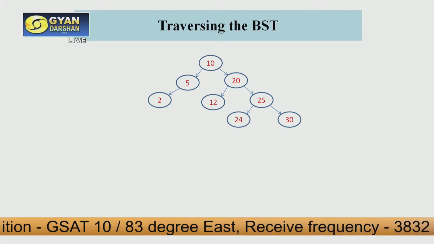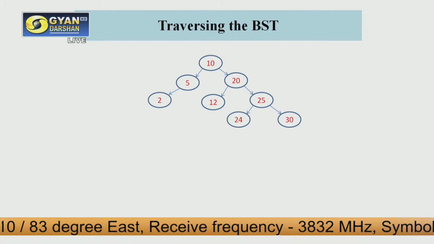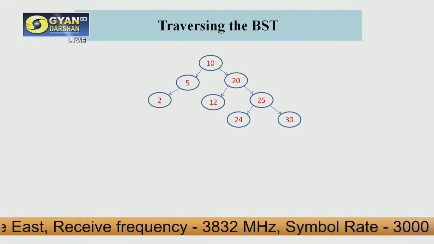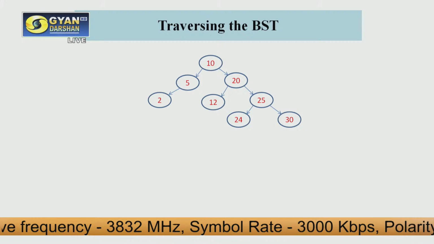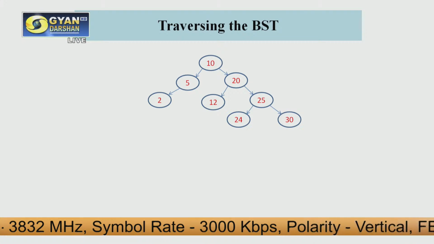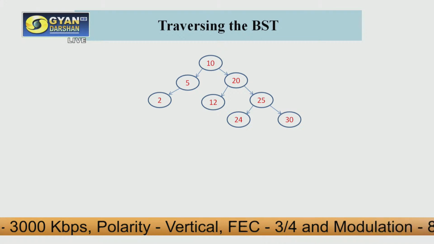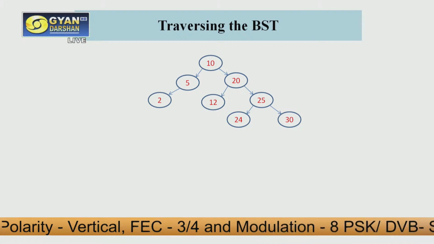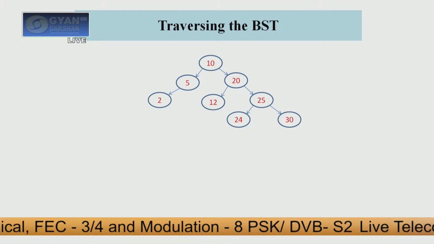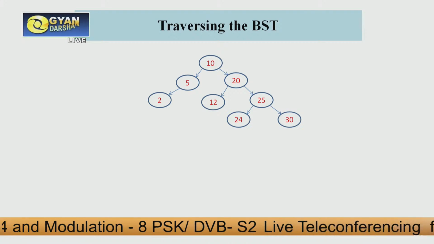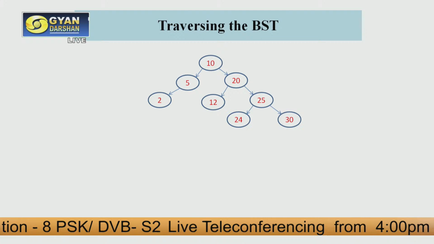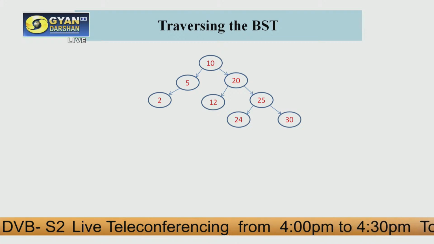So we will go to the right subtree and reach 20, and then go to the left of 20. We have only a single element in the left subtree of 20, that is 12. So 12 will be printed next, and then we will go one level up because there are no further nodes in the left subtree.